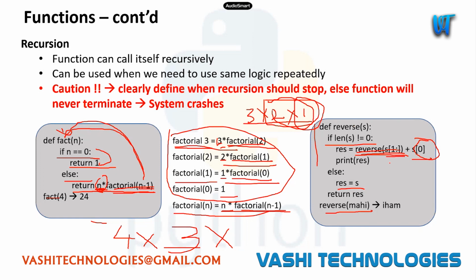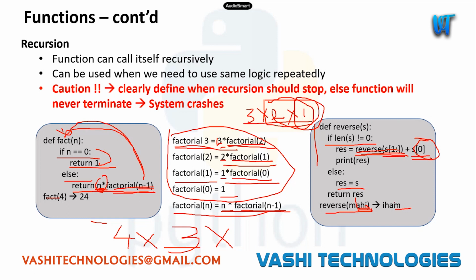It is calling itself with the string from 1 to the end, and it is appending s of 0. Take reverse of MAHI: in the first iteration, we have the reverse function called with AHI, because this is from 1 to the end of the string, right? So we have reverse of AHI plus M, where M is s of 0.